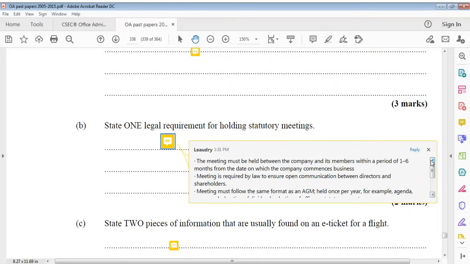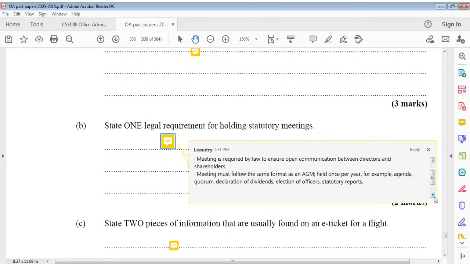Again, the meeting must be held between the company and its members within a period of 1 to 6 months from the date on which the company commences business. 2. Meeting is required by law to ensure open communication between directors and shareholders. 3.